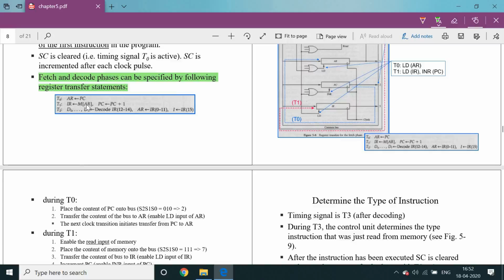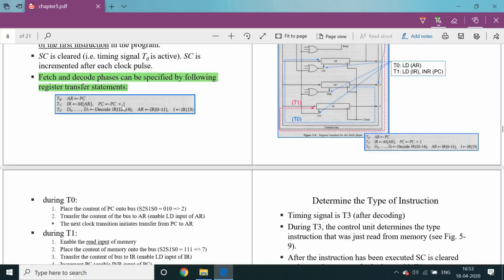The address register points to the memory location, and inside is the instruction code. The complete instruction code length is 16 bits, and the 16 bits are stored into the instruction register.